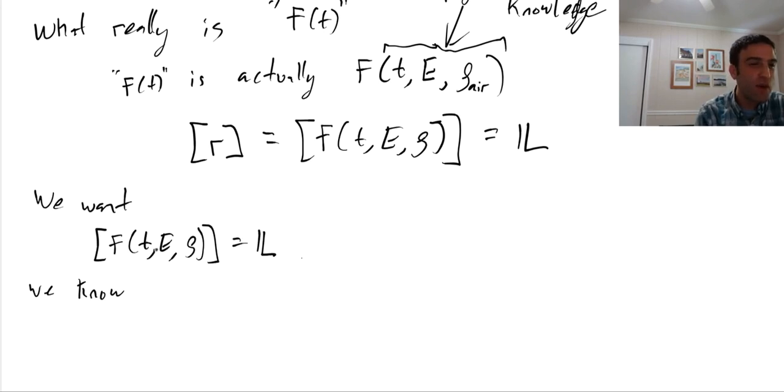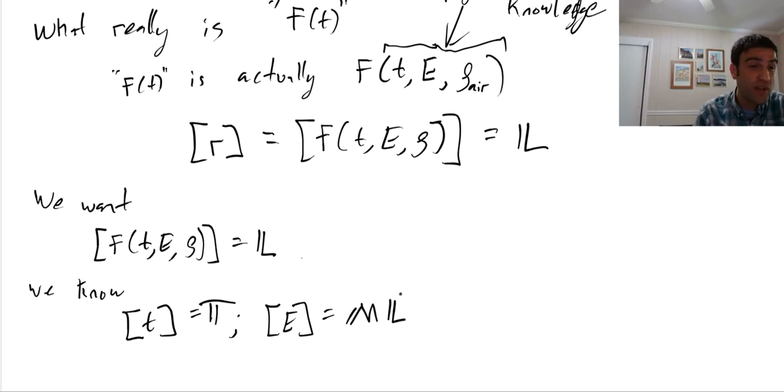Each of these components, the things that the function depends on, we know what all of those units are, right? So for instance, we know that the dimensions of time, well, that's just time. We know that the dimensions of energy, well, that's just mass times a length squared, divided by 2 powers of time. Let me just write that more clearly, time to the -2.